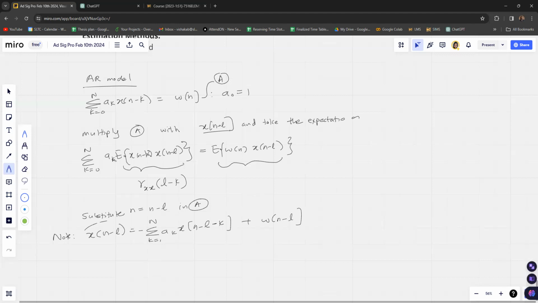So this is exactly what we are looking for here. We can substitute this expression inside here, and then we can calculate the expectation.